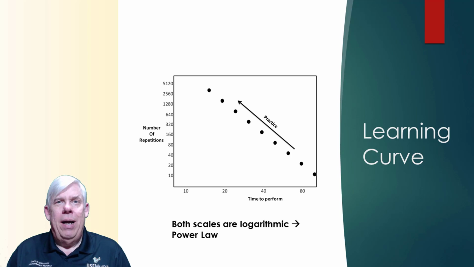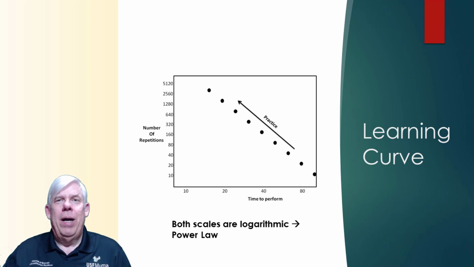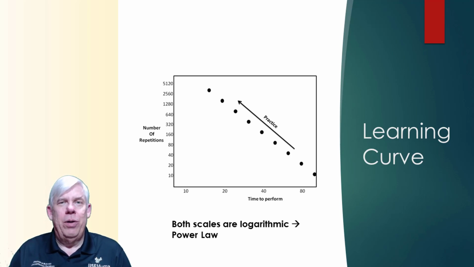At any rate, the learning curve produces a huge advantage to things like market share because it allows you to increase the number of units that you're producing very rapidly, thereby giving you a performance advantage over competitors who are producing a smaller number of units.